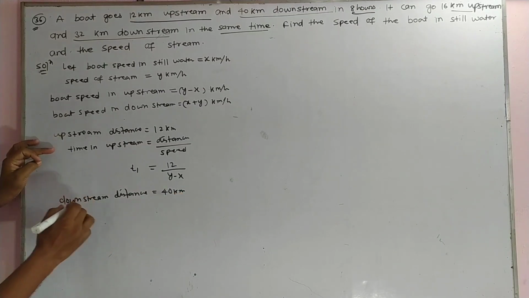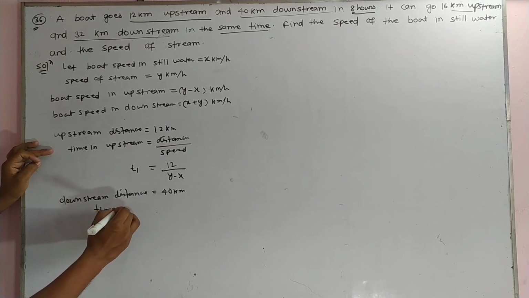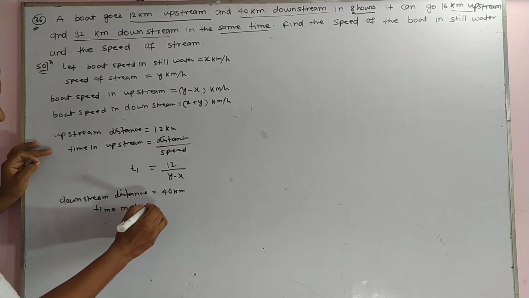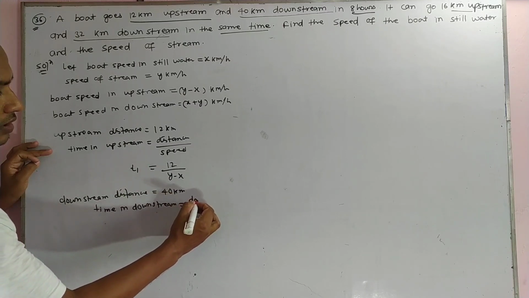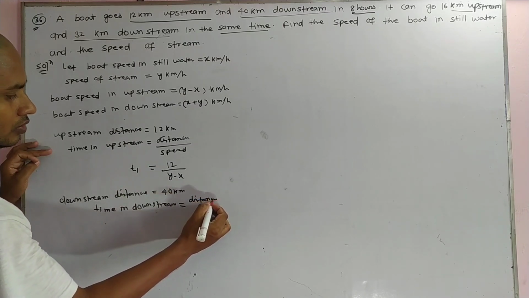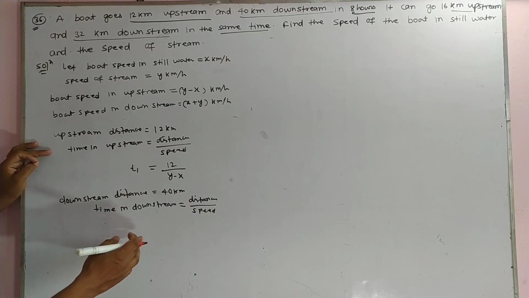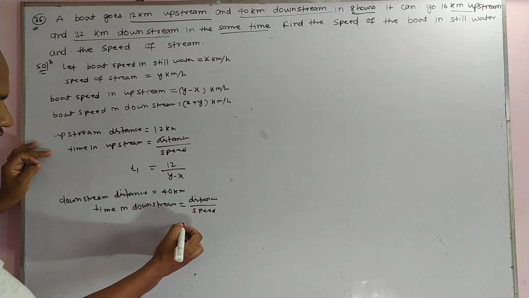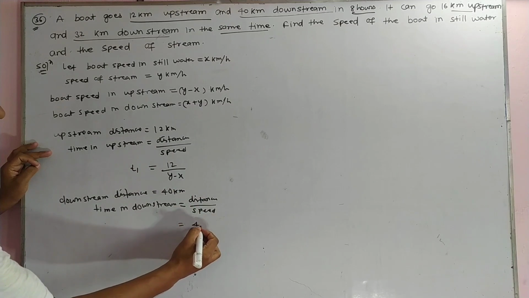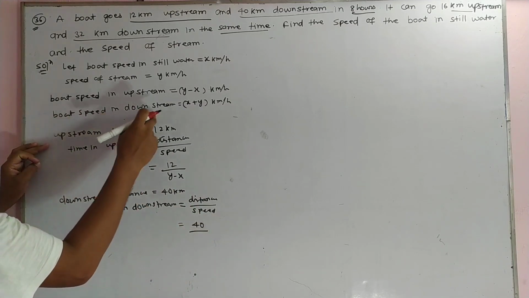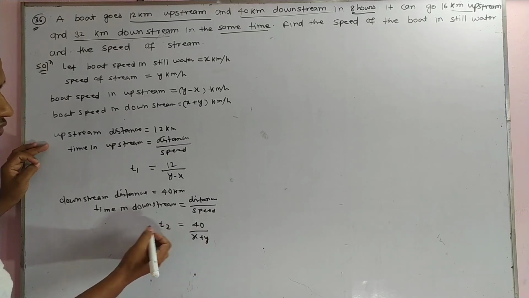If asked for the time in downstream, time equals distance by speed, this is the formula. So time equals the distance taken in downstream, that is 40, and the speed in downstream is x plus y. This becomes t2.